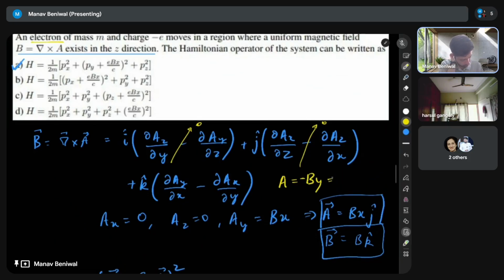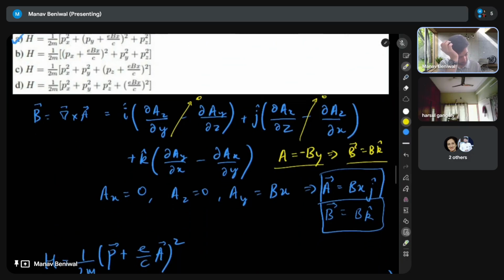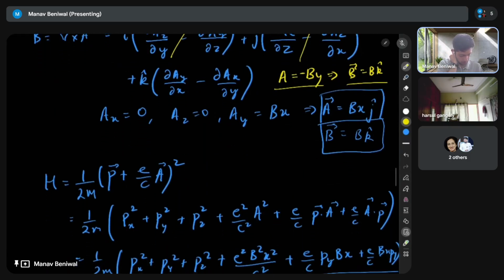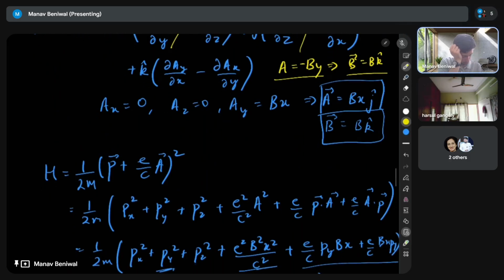This will also give us B as B k cap. Correct. And then here this term will remain the same, and this term will also remain the same.